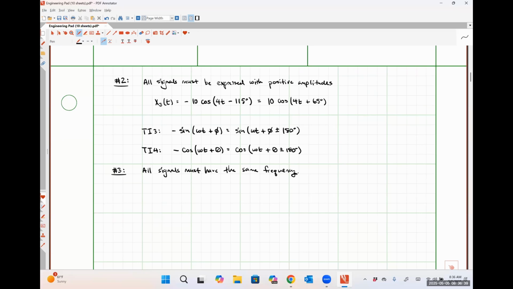Okay. So one of the comparisons that we do is determining whether a signal is leading or lagging the other one, okay?